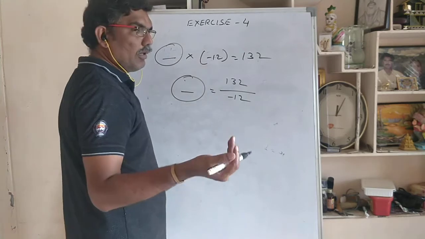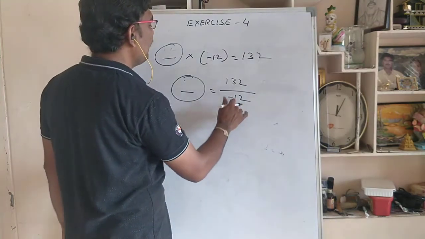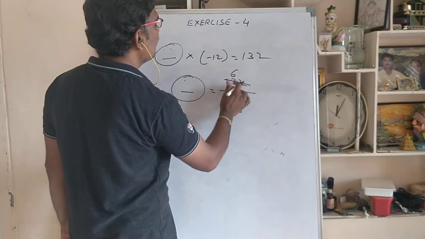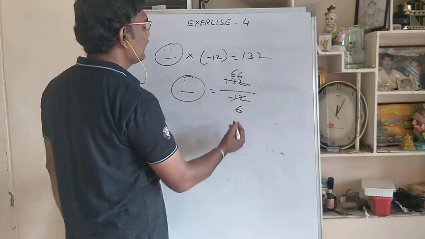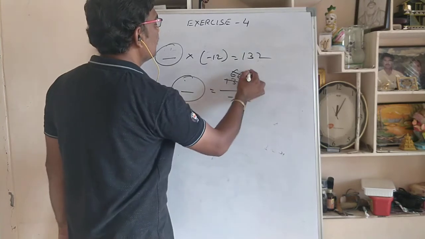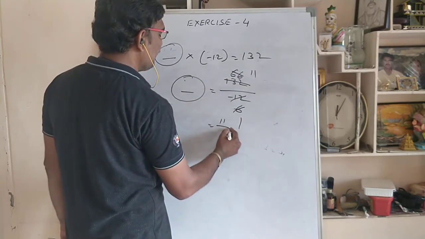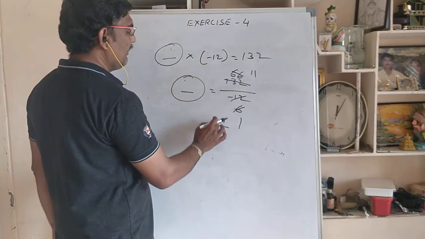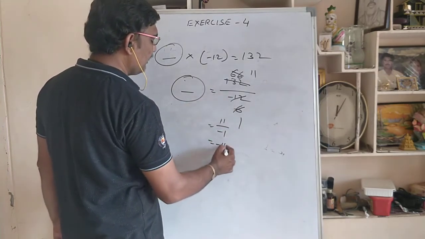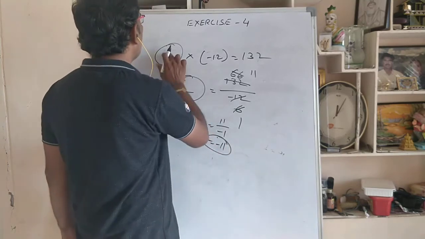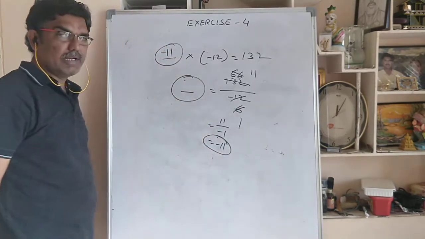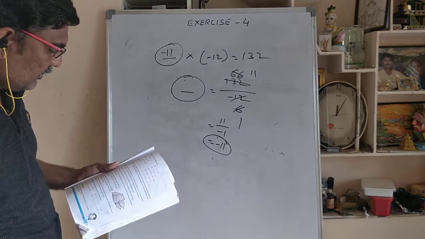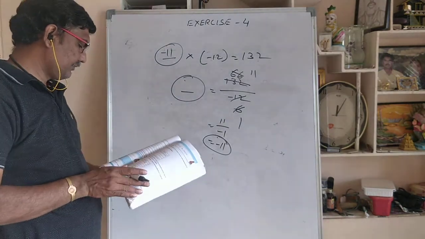If you know the 12 table, okay. If you don't know the 12 table, in the 2 table, 2 sixes are 12, 2 sixes are 12. In the 6 table you know, 6 ones are 6, 6 elevens are 66. What remained? 11 by, down you have minus 1. So, 11 by minus 1 is nothing but minus 11. So, what you have to write here? Minus 11. Okay.